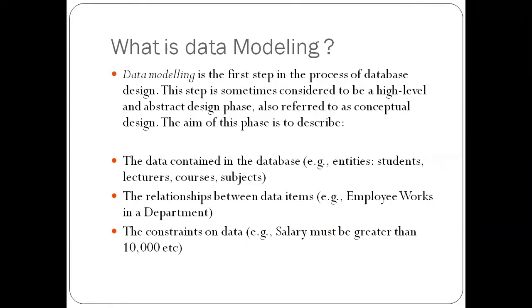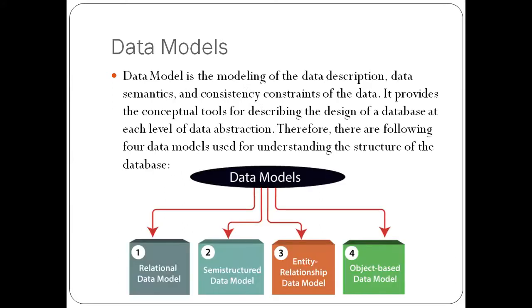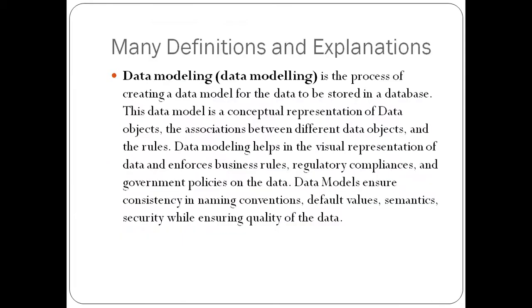This step is considered the high level abstract design phase, or it is also called conceptual design. There is another definition of data modeling. A data model defines how the logical structure of data is modeled.